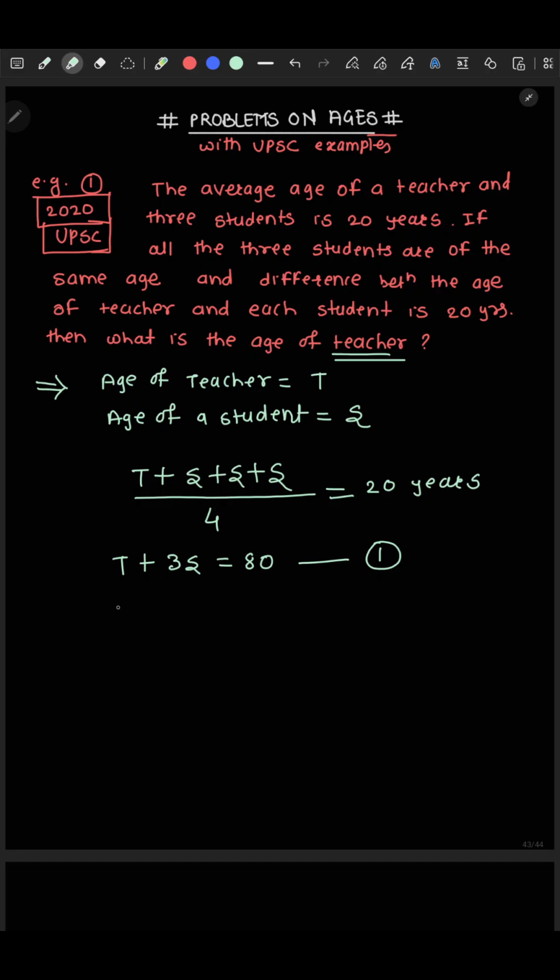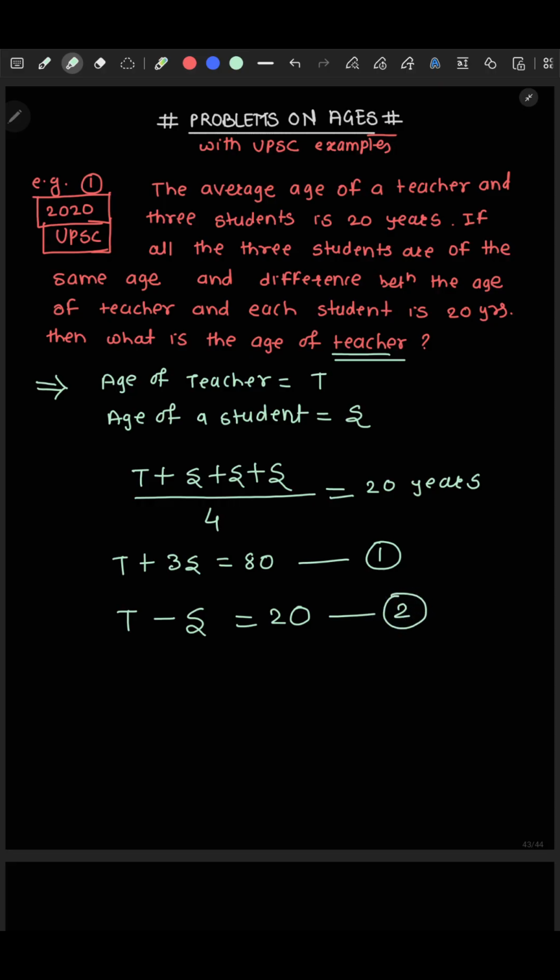Easy to frame: the difference between the age of the teacher, which is T, and each student, which is S, is equal to 20 years. Now this is the second equation.